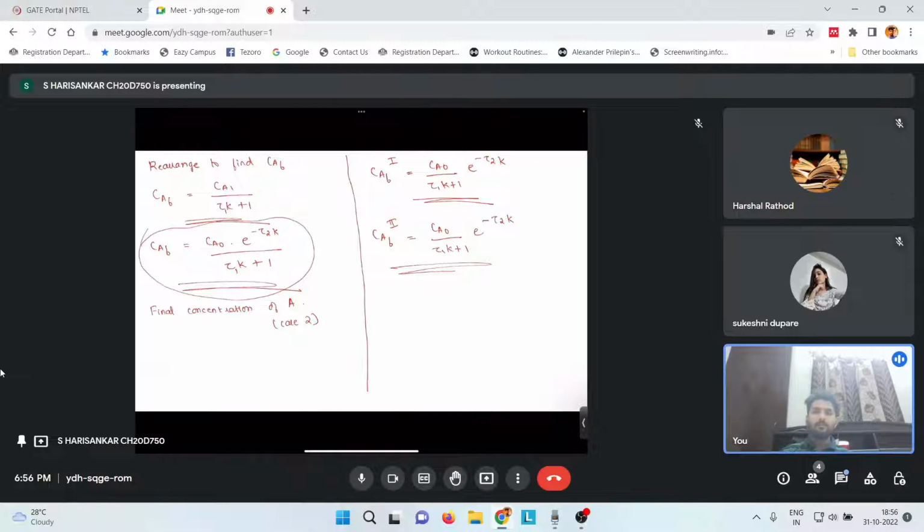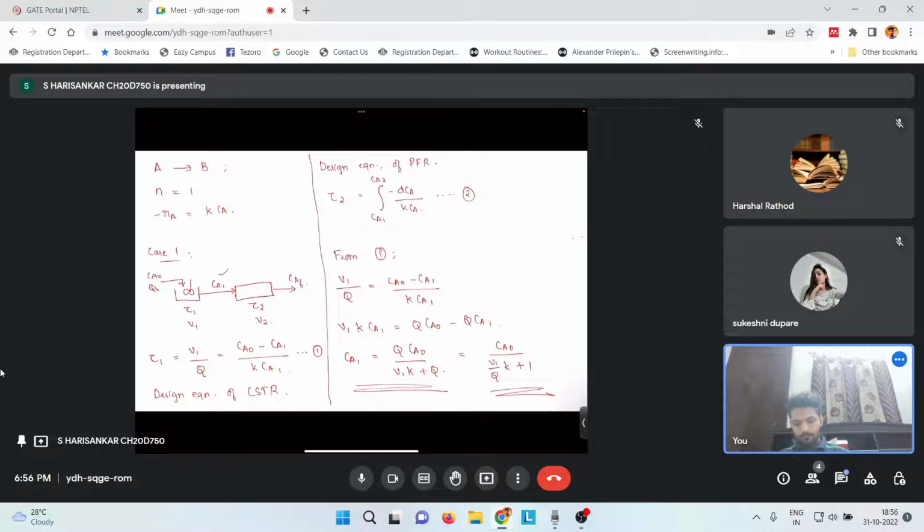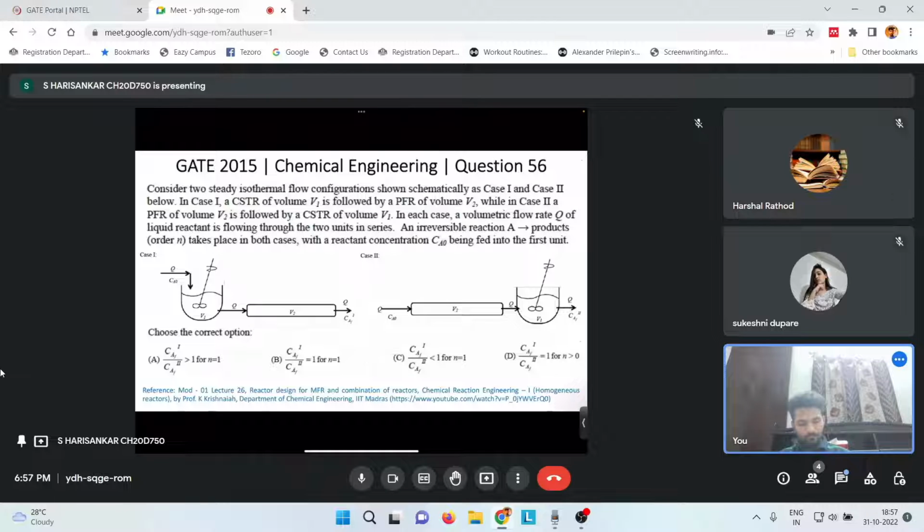So from this CAF1 and CAF2, we can see that both these are the same. So that means for order n equal to 1, CAF case 1 by CAF case 2 is equal to 1. Okay, so out of these 4 options, the right option here is option B.